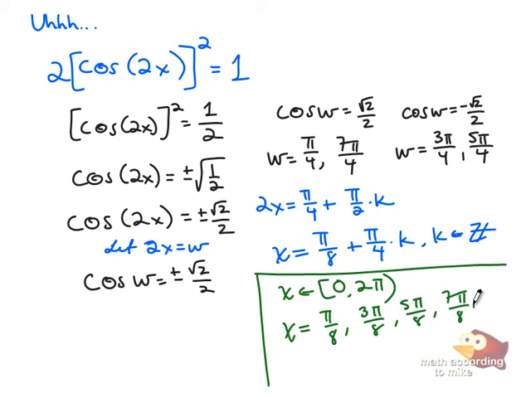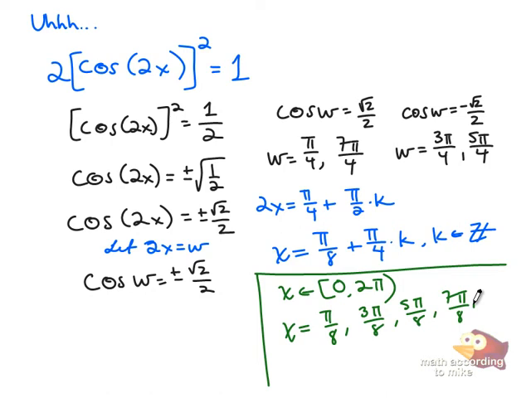Because if they say x is in this range, there's no notation to do increments of pi over 4 where it's less. You'd have to give what value of k would make it true.